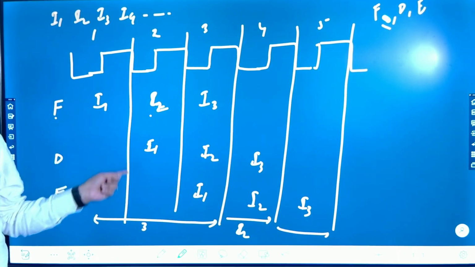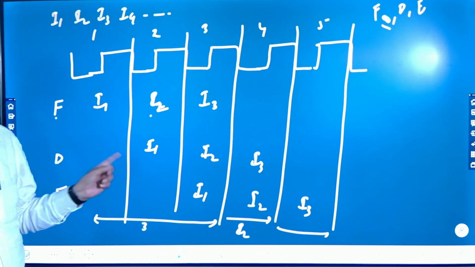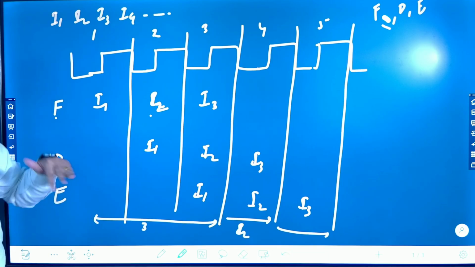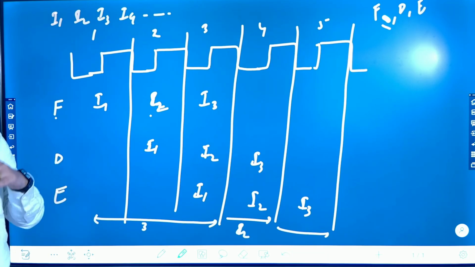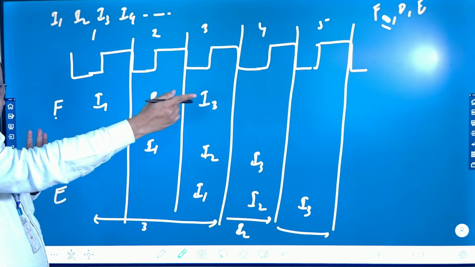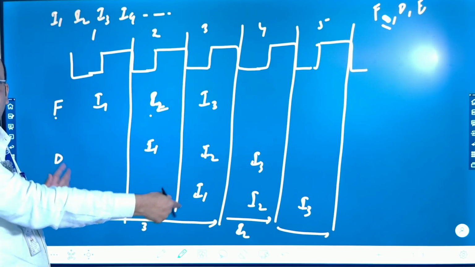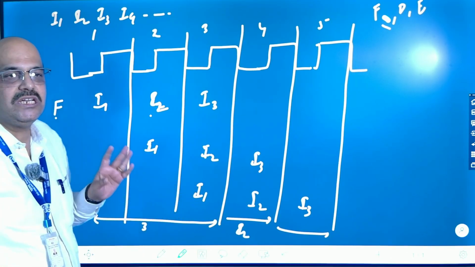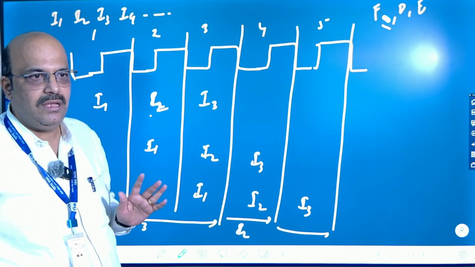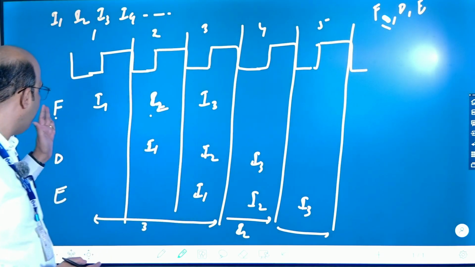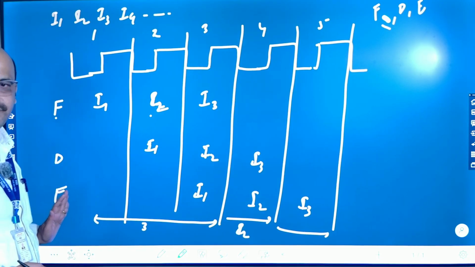And how many instructions are we able to execute? 3. But if we go for the normal or conventional method, that will take how many? 9. Now here how many cycles are we taking? Only 5. That is called instruction pipelining. Are you getting it? That is what parallel operations going on. That is what F, D and E.